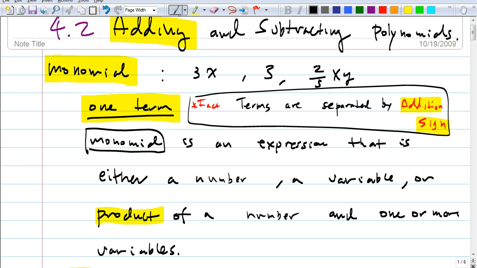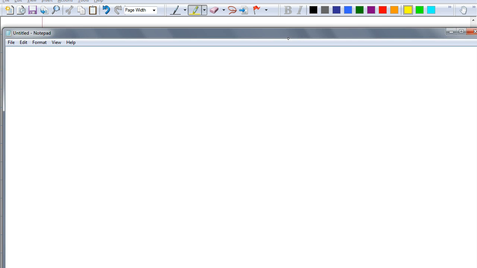If monomials are what we just described, how many terms does a monomial have? Mono means one. Can somebody guess what we call it if I have two terms? How many people agree?